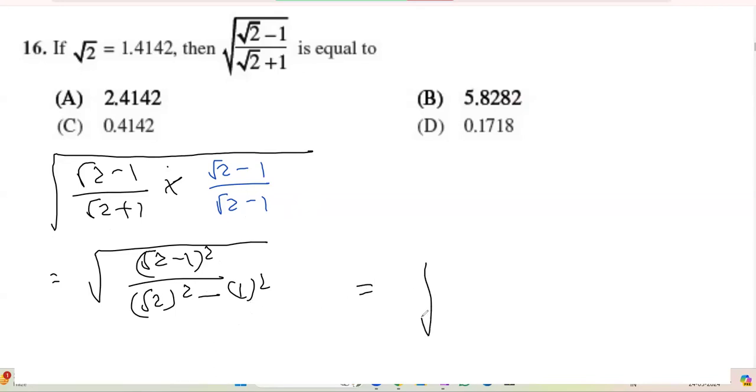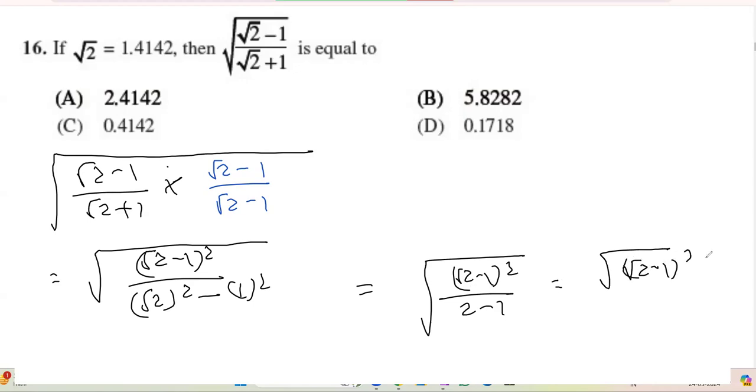Root 2 squared is 2, and 1 square is 1. So that is root 2 minus 1 the whole square divided by 1, and we don't write 1 in the denominator. Now check here, this under root 2 and this 2 will get cancelled.